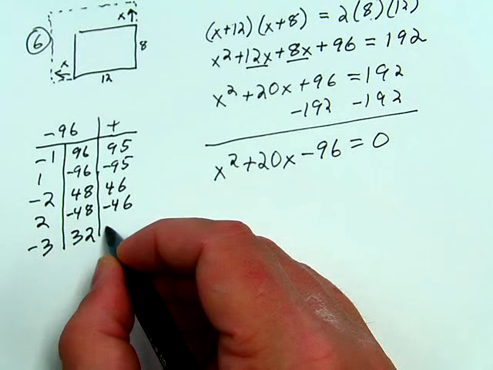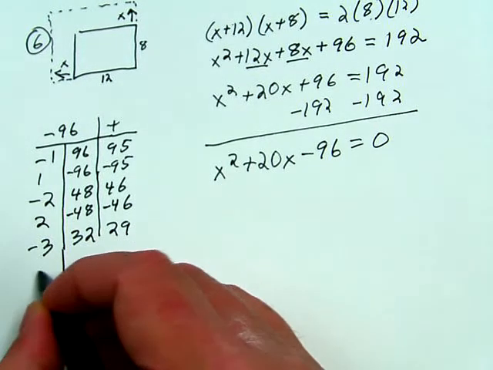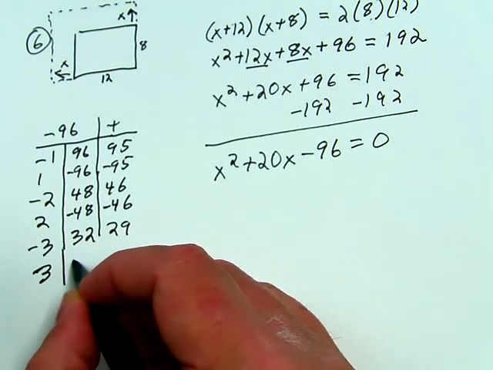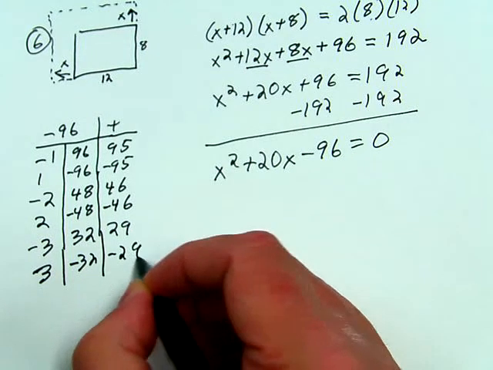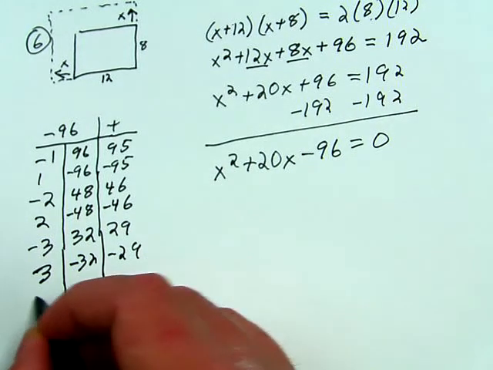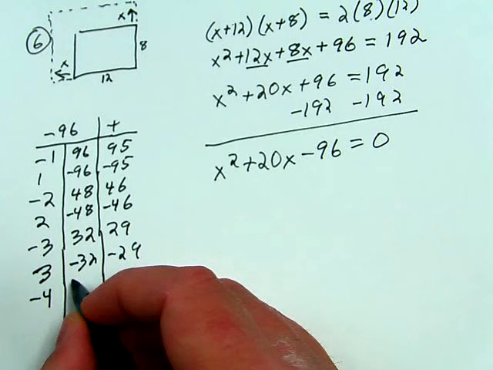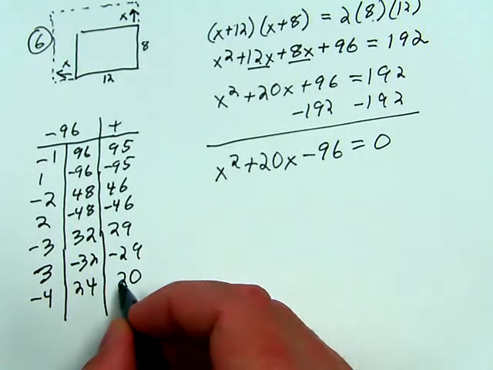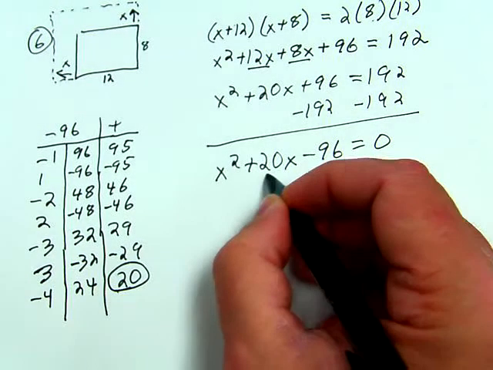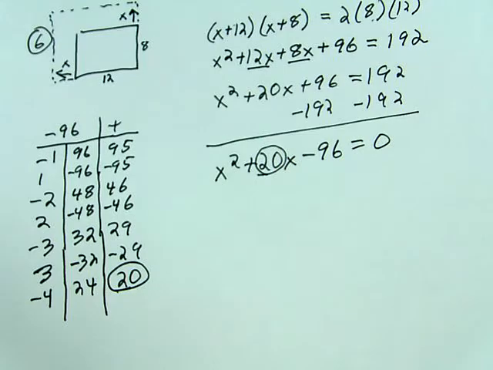Well, that's 29. Let's try 3 and negative 32. That's negative 29. Let's try negative 4 and 24. And that gives me 20. Oh, there it is. There's the 20 that we were looking for.